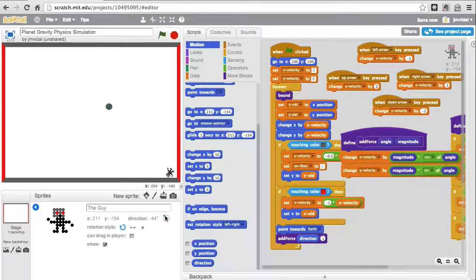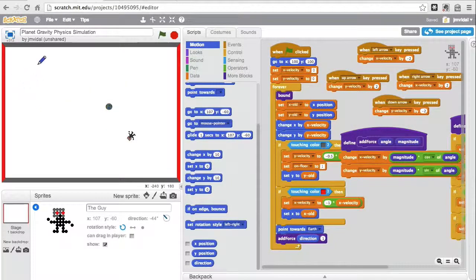Well, if you pay attention, you might have realized that the problem is a programming problem. It's not a math problem. The problem is that in Scratch, the angle 0 points straight up, as you can see here, and 90 degrees is to the right, and pointing to the left, as I'm doing here, is minus 90.